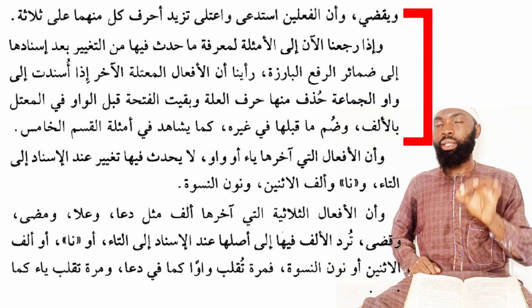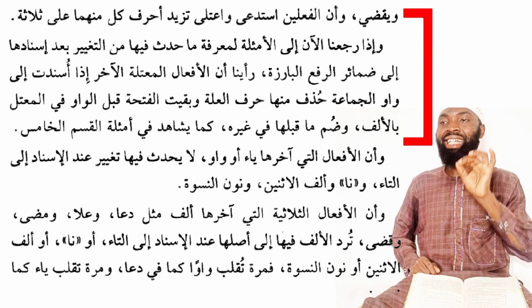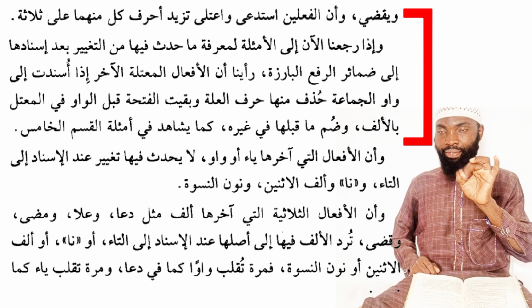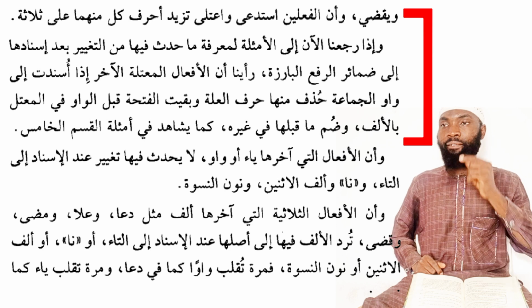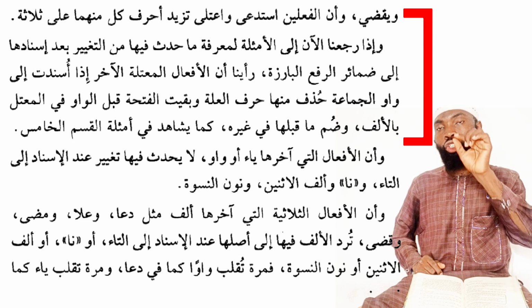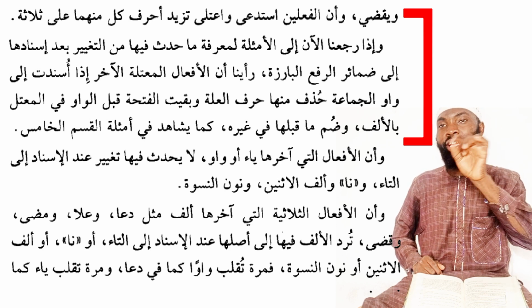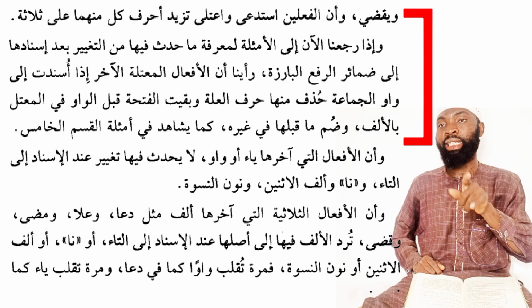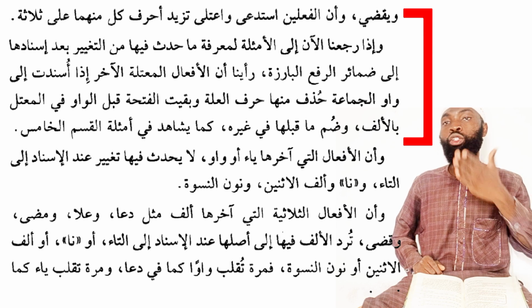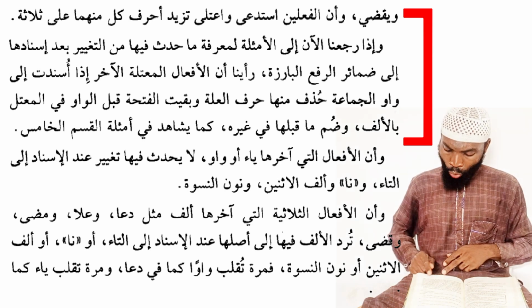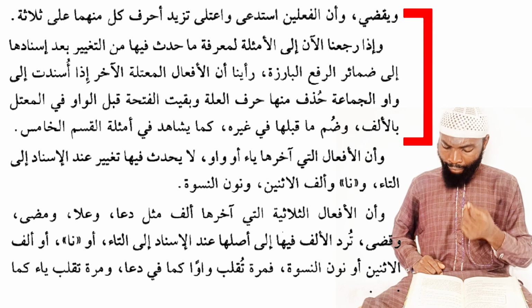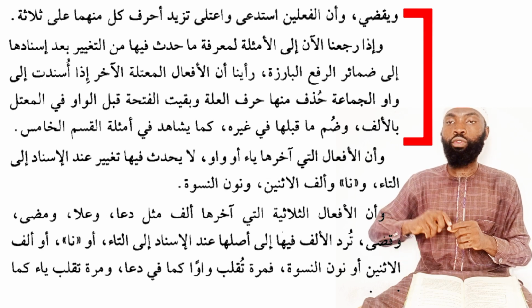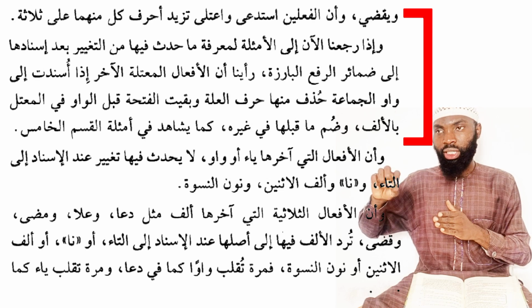So when we have the word da'a, which ends with alif, the fatha on top of the ayn remains. We only remove the harf al-illa and add the waw al-jama'a to give us what? Da'aw. And the letter which comes before the harf al-illa in other verbs is put in dumma.